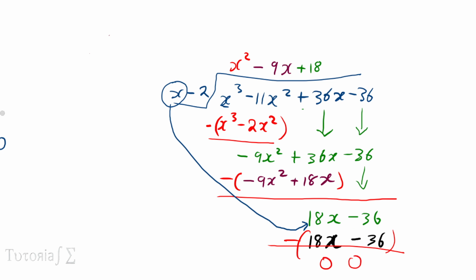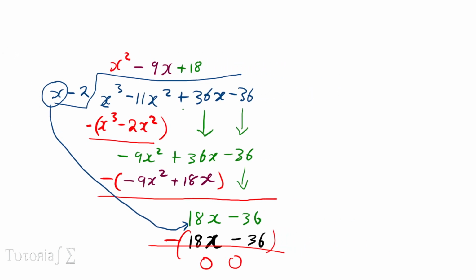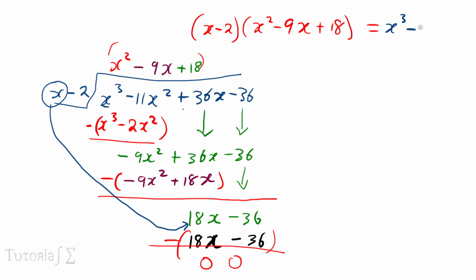Then we are done. What we just need to do is say that x minus 2 times this quadratic here, which is x squared minus 9x plus 18, when these two are multiplied, what we'll get is what is inside here, which is x to the power 3 minus 11x squared plus 36x.